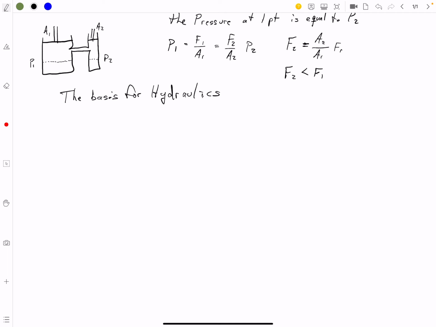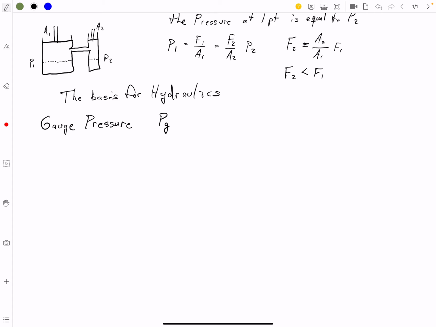Okay, so gauge pressure. Why do I have such a hard time with this word gauge every single time? G-A-U-G-E. Gauge pressure. It's always U before A, I guess, but whatever.